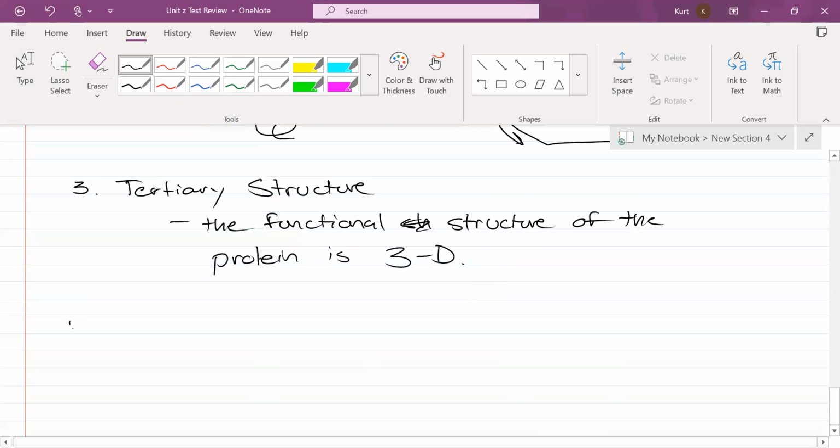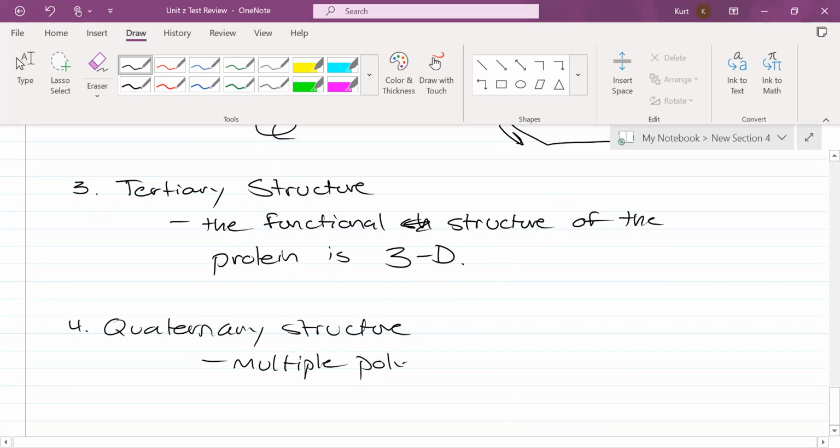And finally, the quaternary structure is just multiple polypeptides bonded together. And that's it.